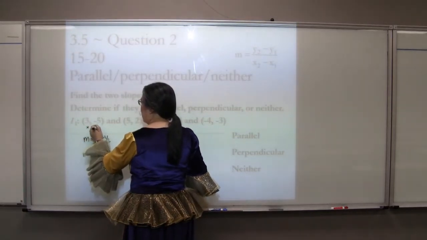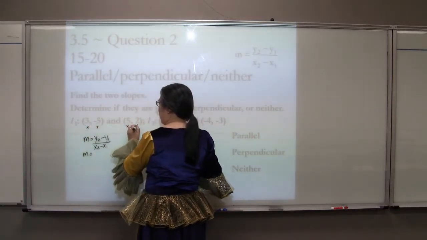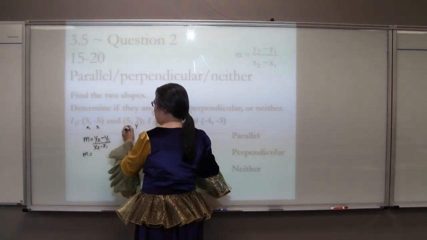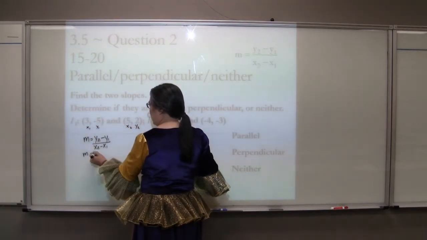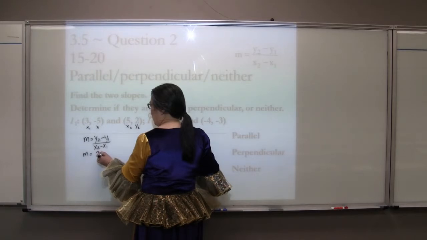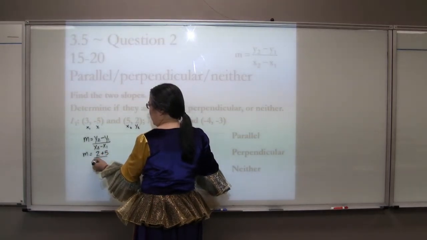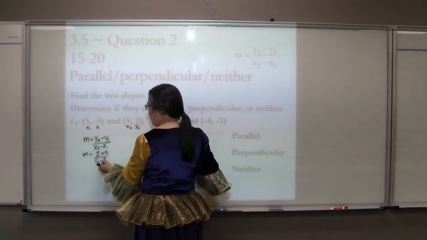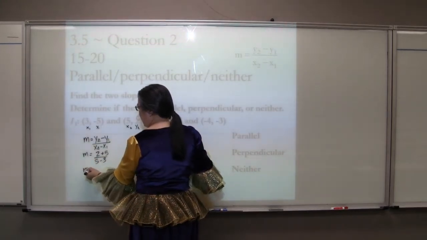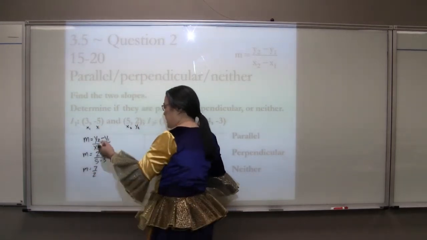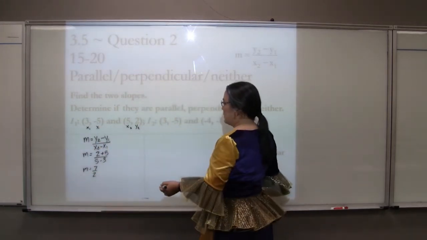This is our x and our y. This is our x and our y. This is our first x and y. This is our second x and y. So y2 minus y1. I'll let you do the minus negative here as well. 5 minus 3. And this gives us 7 over 2. And we can actually just leave it like that as 7 over 2.